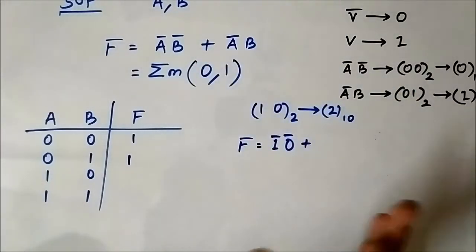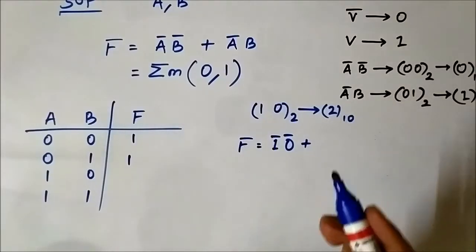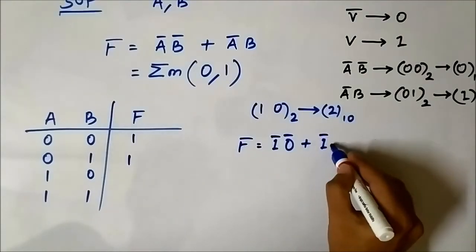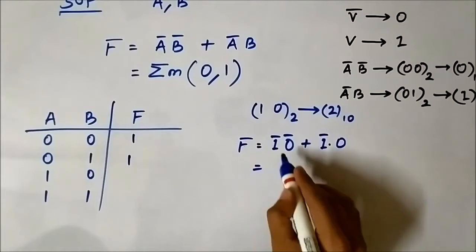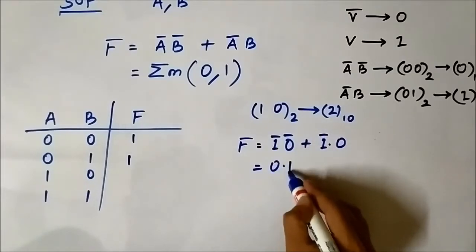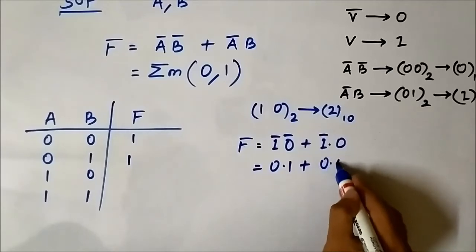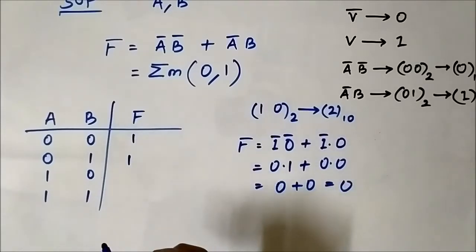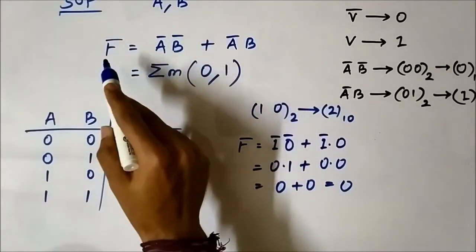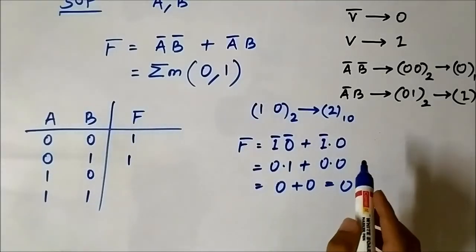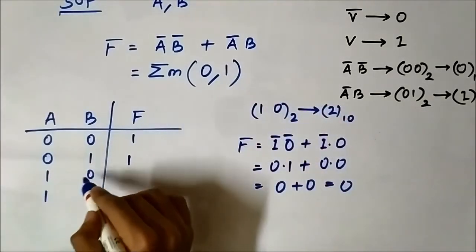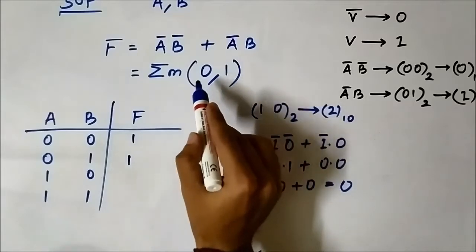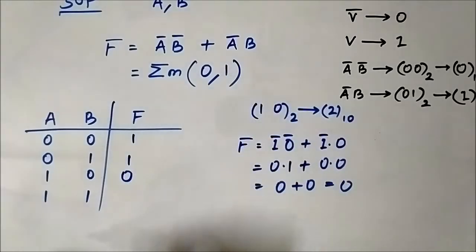When I say plus, it means OR, and when I say product or multiplication, it means AND. Now 1 complement is 0, and 0 complement is 1, so it is 0 into 1 plus 0 into 0, which is 0 plus 0, equal to 0. So in this case the value of the Boolean expression is 0. This input combination 10, or the decimal value 2, is not present in the min terms, and the Boolean expression is 0.